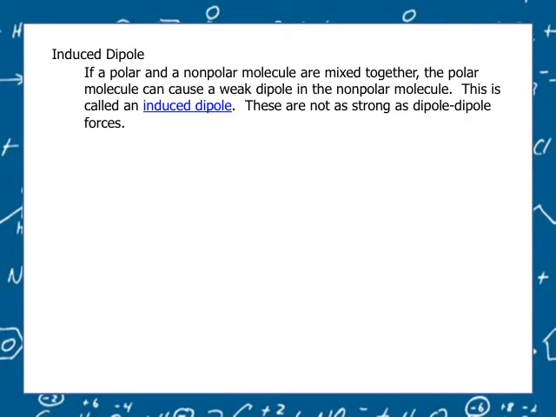And so what we have here, if I have a non-polar molecule, let's say CH4, just an ordinary non-polar molecule, and it comes in contact with a polar molecule, let's say water. Water has a permanent dipole that we talked about already, partially negative on the oxygen, partially positive on the hydrogen.